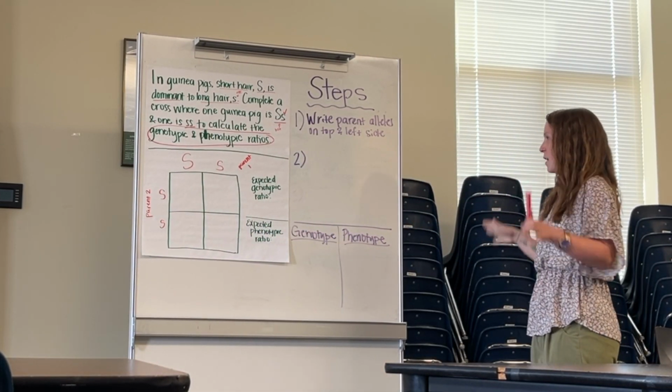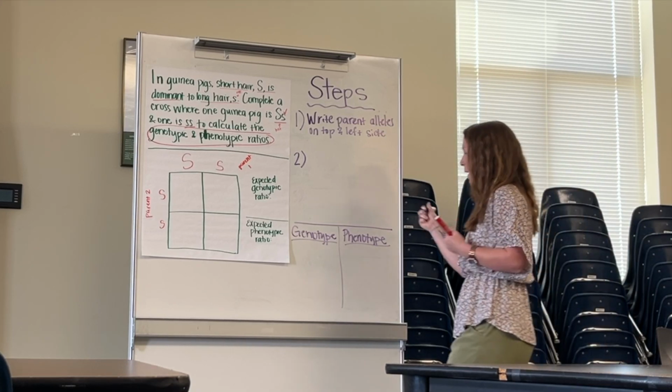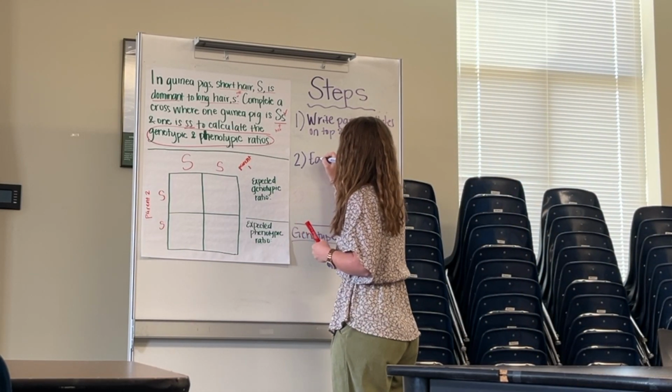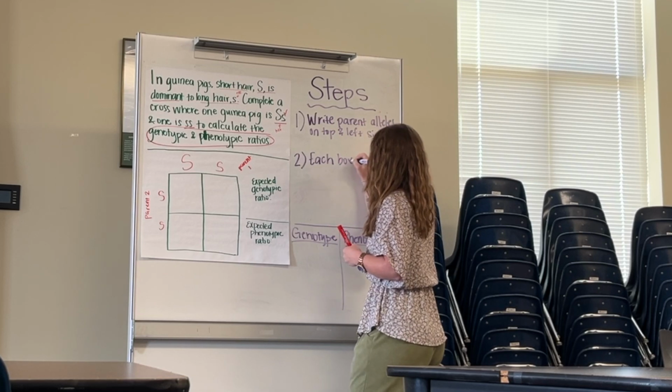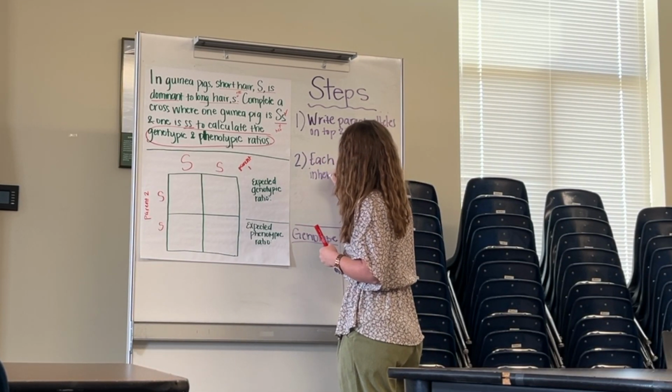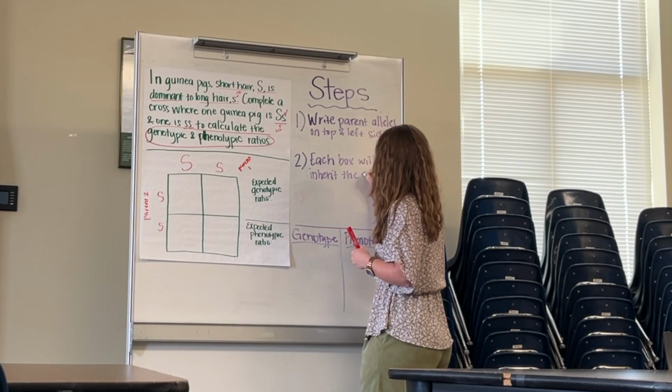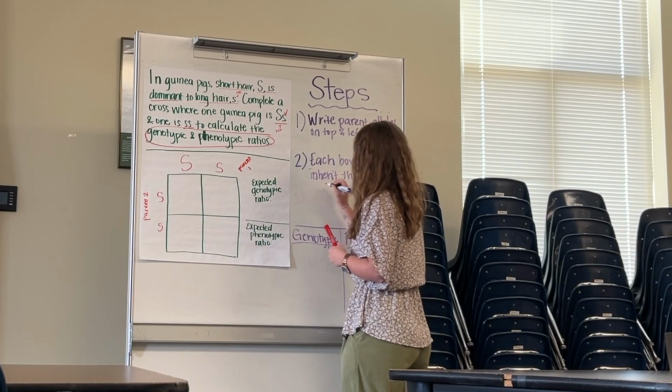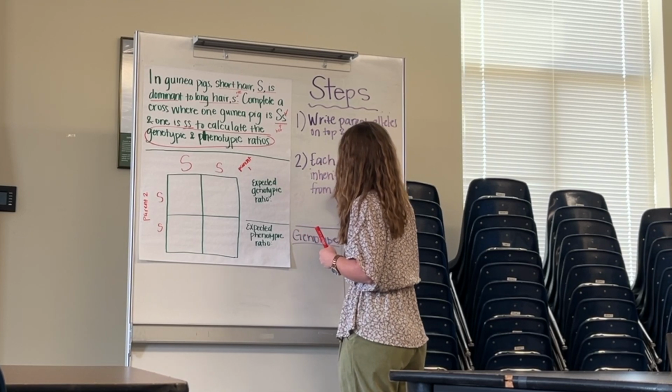So once I've done step 1, I've written in the parents, then I need to remember that each box will inherit the allele from the column and row that it's on.